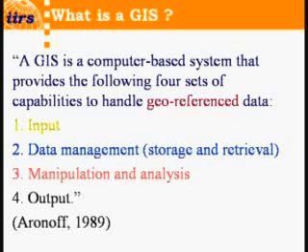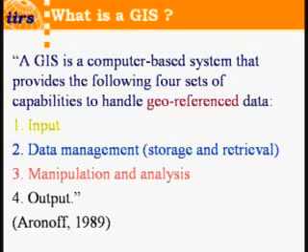Now, if you see as a whole, it is like a relational database management system, any management system. It provides data inputting capabilities, management, manipulation, analysis, as well as output. Now, here we have georeferenced data, and for those data you can have all those four different capabilities. So how is it different from a relational database? In a relational database you are talking about relations, about simple data, but here you are talking about geographical information, geographical data.